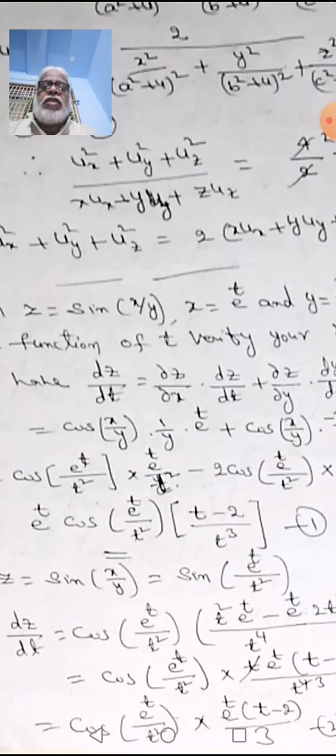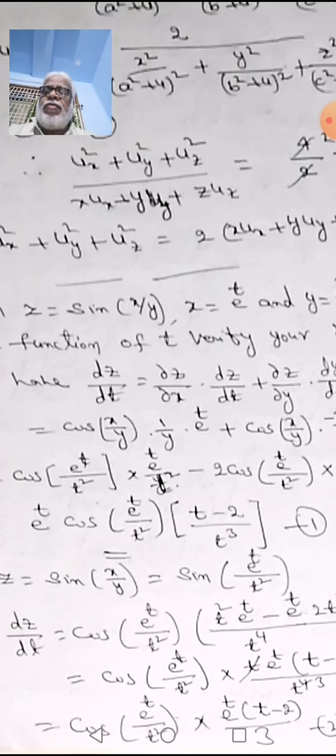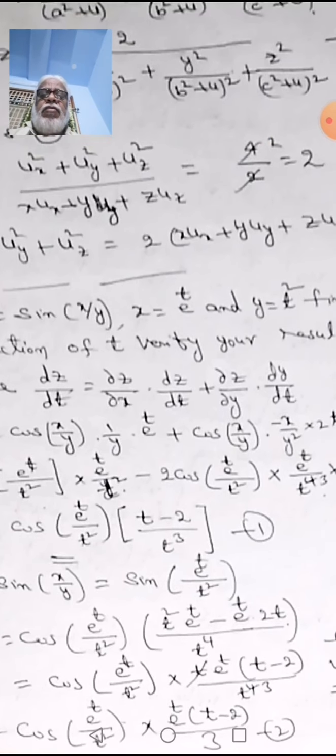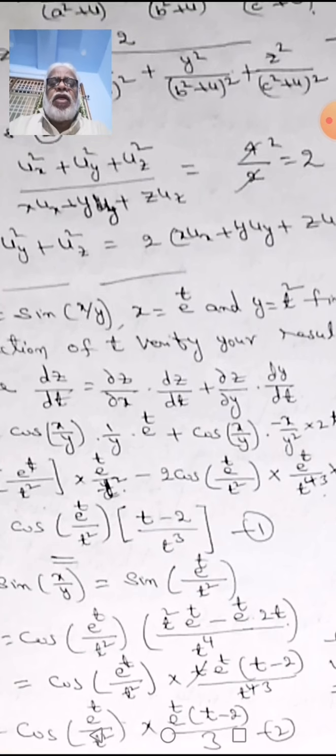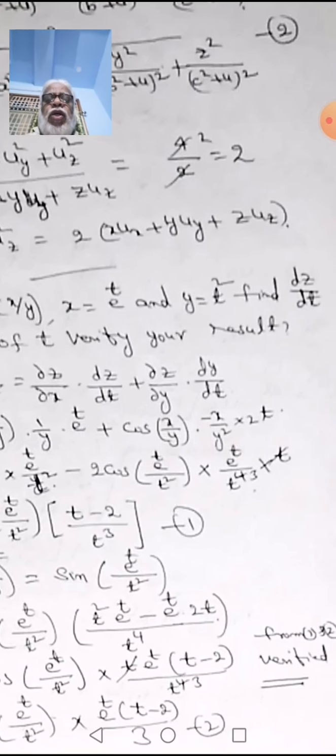Dx by dt: x is equal to e power t, so dx by dt is e power t. Plus, what is dou z by dou y? Dou z by dou y is cos of x by y, into dy by dt, with the inner derivative being minus x by y square.